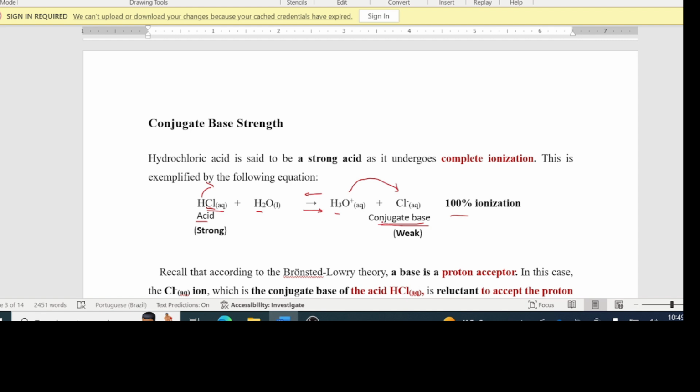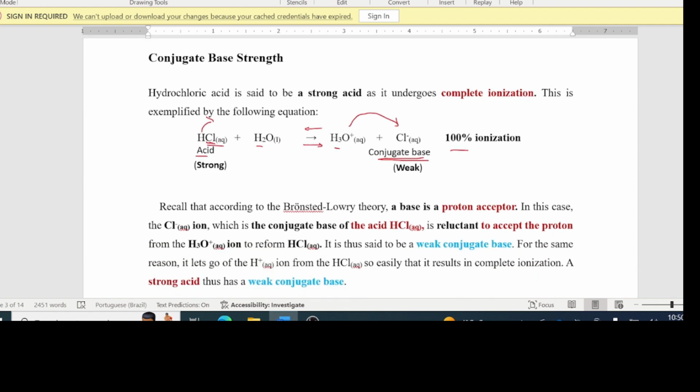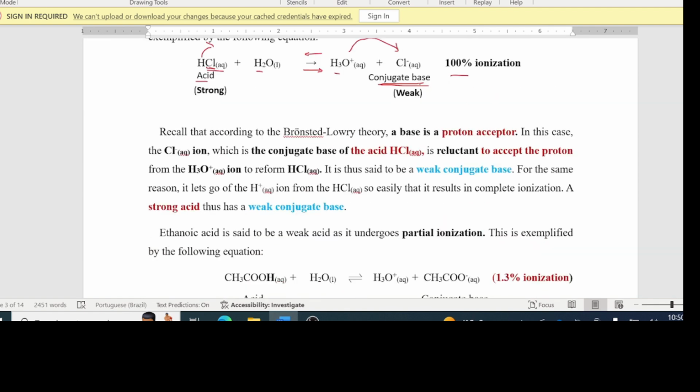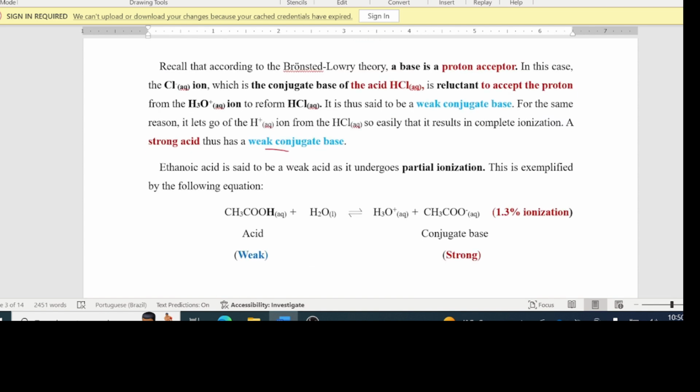So a base is something that's supposed to accept a proton, right? So the fact that it's not doing that willingly, we'll call that a weak base. That is the discussion here about what I just explained. It's reluctant to take the hydrogen from the hydronium ion, and we call that a weak base. Look what happens here now. This is representing the partial ionization of acetic acid.